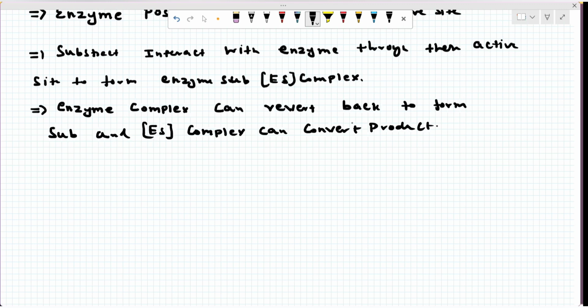Now see the reaction, please note, very important. So what is the final equation? What does the reaction mean?